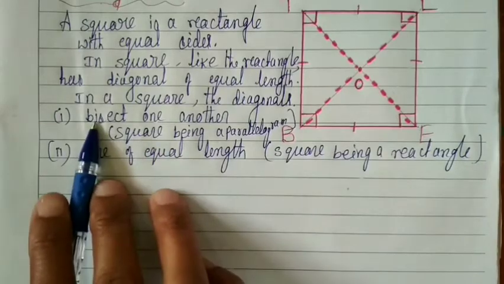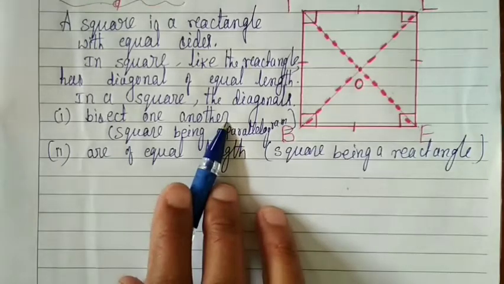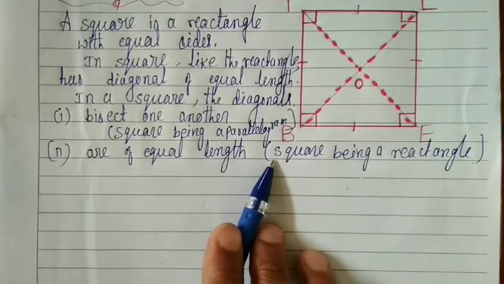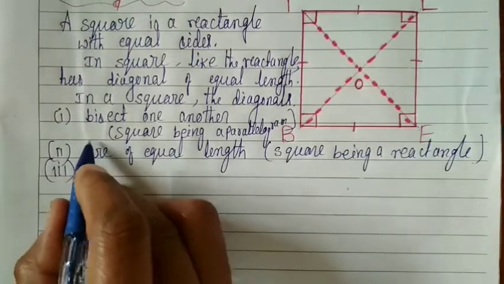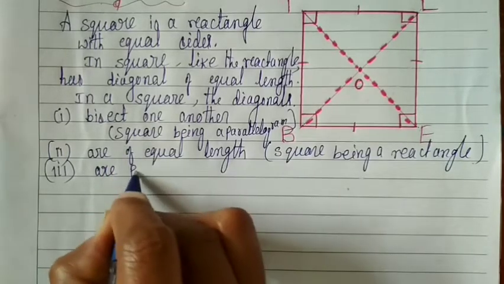Once again, in a square, the diagonals bisect one another. The second one, they are of equal length. The third property is that they are perpendicular to one another.